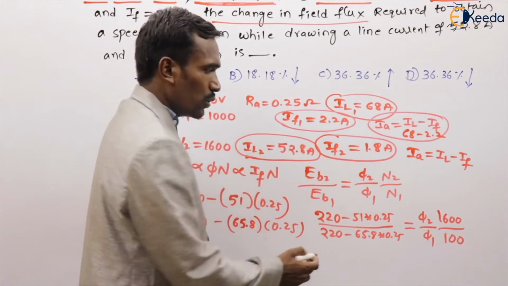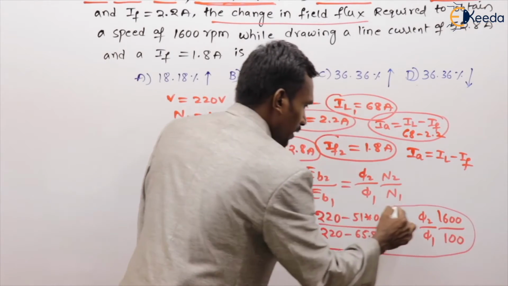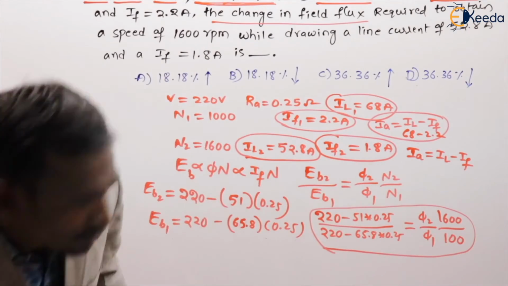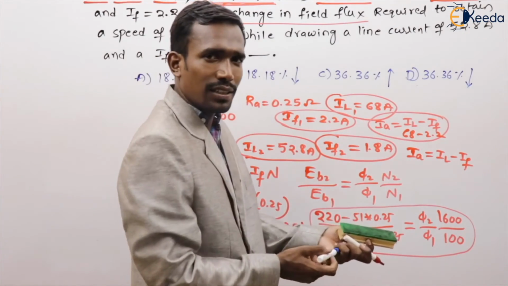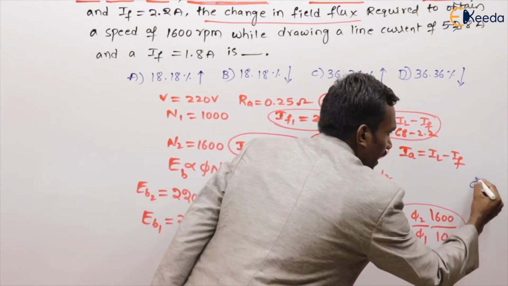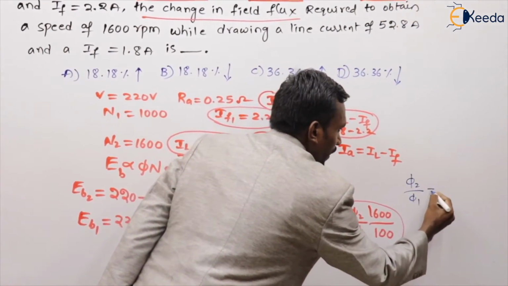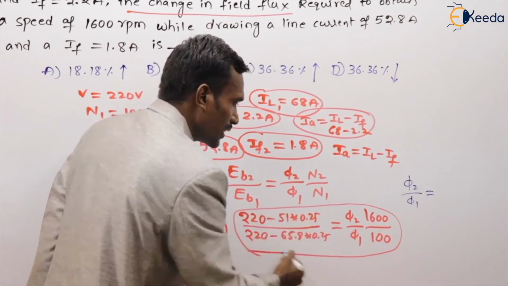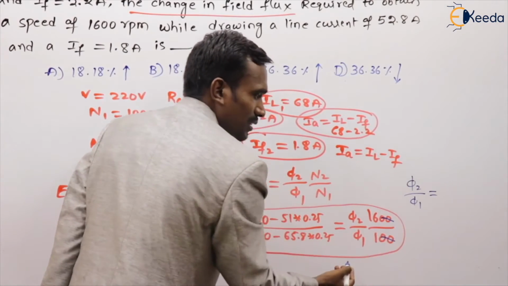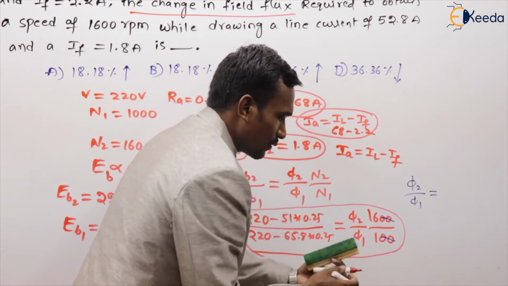Now we have to find the phi 2 by phi 1 value. If you solve this equation, these two get cancelled, its value 1000.